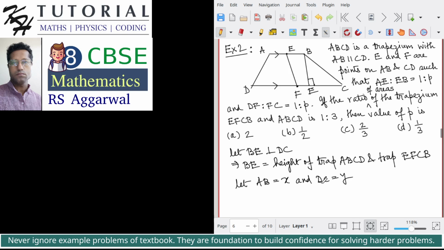Just for easy calculation and easy reference of quantities, I am giving the value X to the length of the base AB, and the value Y to the length of the base DC. Okay. Now it is given that AE is to EB is equal to 1 is to P.